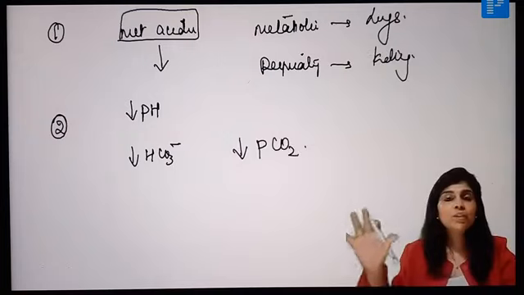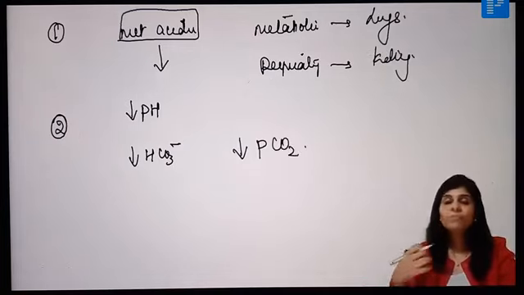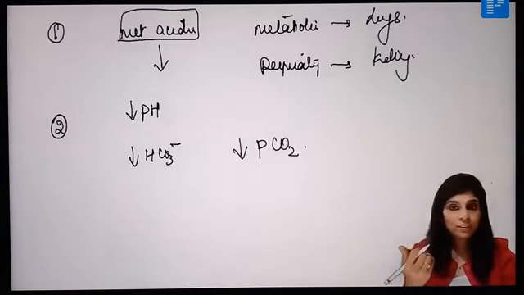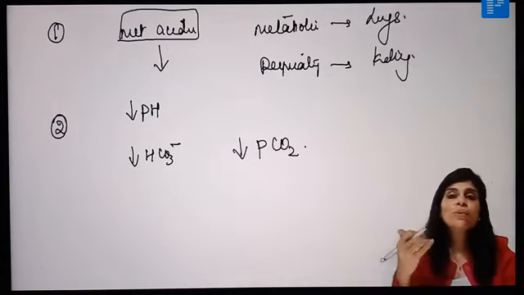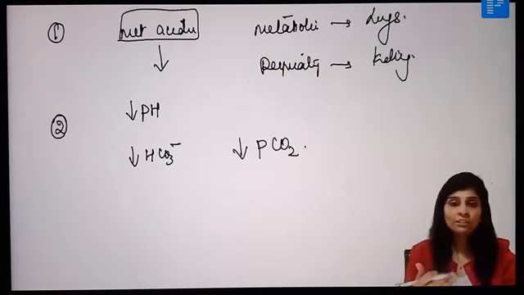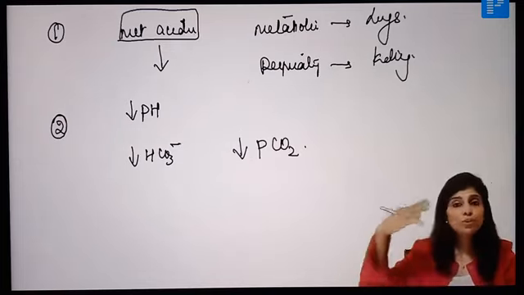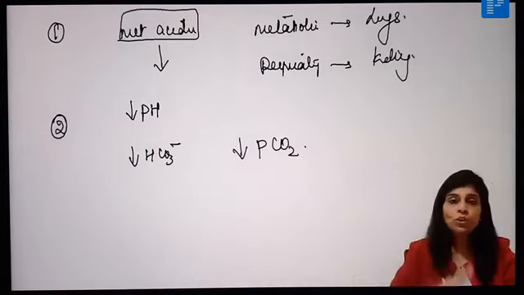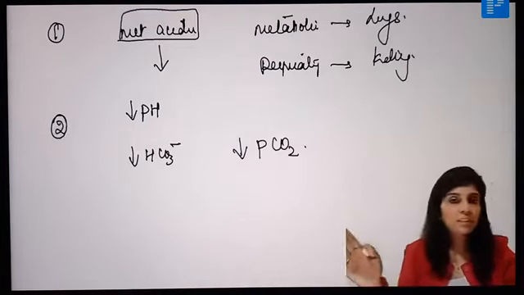Compensation is parallel. And if you're asking me how can a decrease in PCO2 help in compensation? Because as I told you, carbon dioxide is a source of acid. So in metabolic acidosis, if you get rid of a source of acid, then the acidosis will be compensated. So the compensation is a decrease in PCO2.